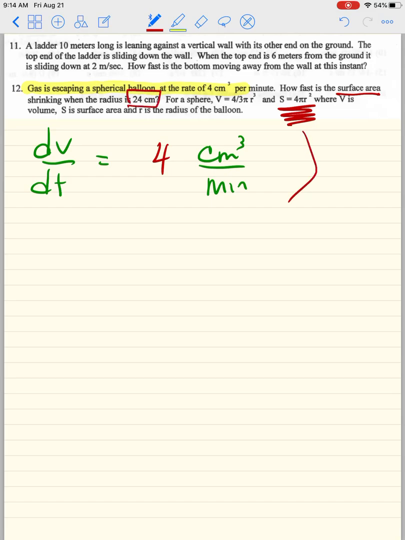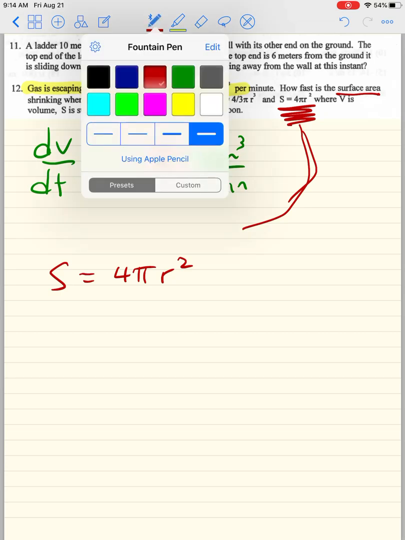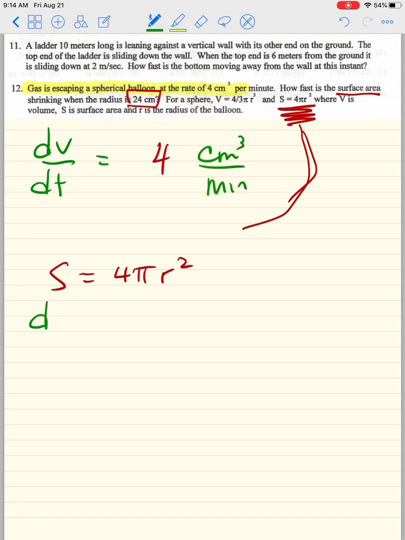Let's take a look at S equals 4 pi r squared. Because we want to know how fast the surface area is shrinking, I want to take the derivative of surface area. So that's dS/dt. 4 pi is a constant, and for r squared the derivative is 2r dr/dt.